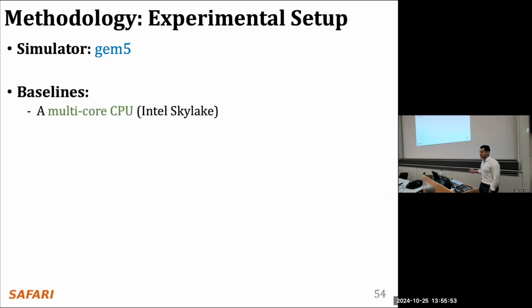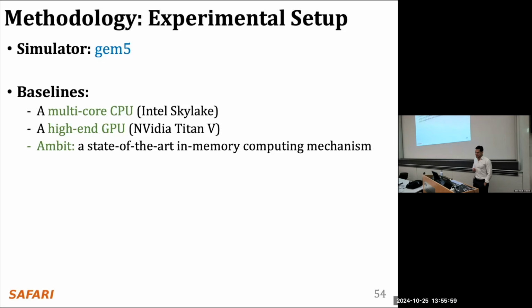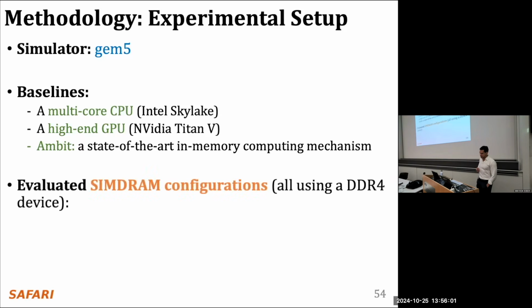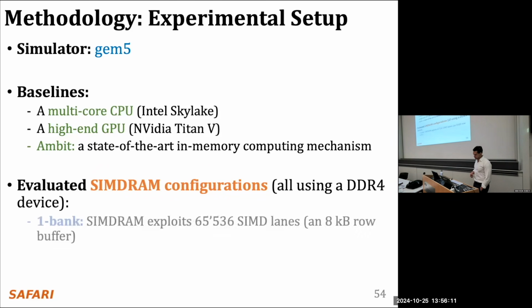So we evaluate SIMDRAM using this CPU simulator called gem5, and we compare it to a CPU and a GPU, and also doing the same computation following the Ambit format, so using Boolean AND and OR operations.